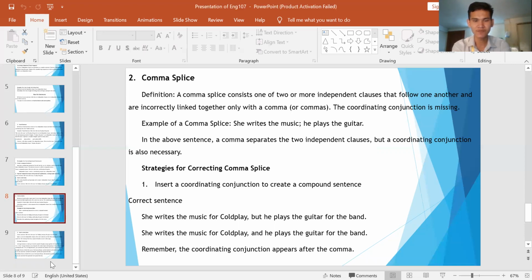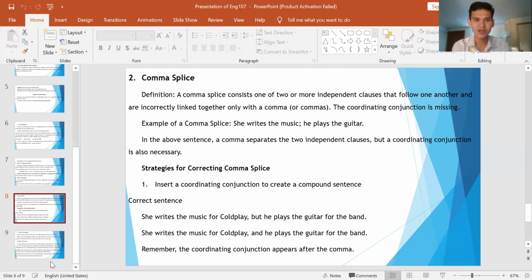In the sentence we use only a comma, and the coordinating conjunction is missing. Let's look at the example: she writes the music, he plays the guitar. In the above sentence, a comma separates the two independent clauses, but a coordinating conjunction is also necessary.